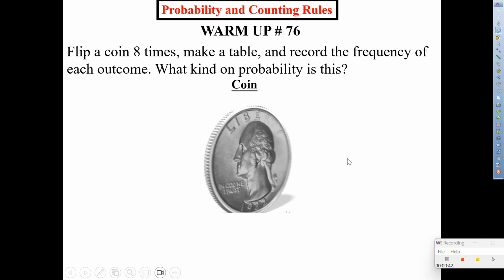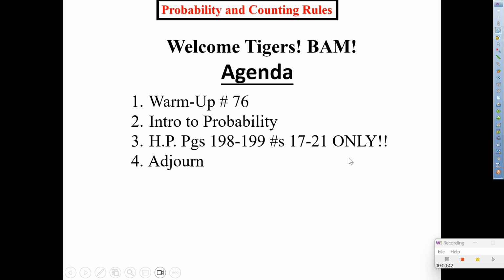All right. Copy the agenda. Warm up 76. Interest probability. Last week, we were left with just one small component of the intro to probability, which is one more rule and one more exercise. So we're going to do that today. It shouldn't take long. Your homework for tonight is pages 198, 199, number 17 to 21.